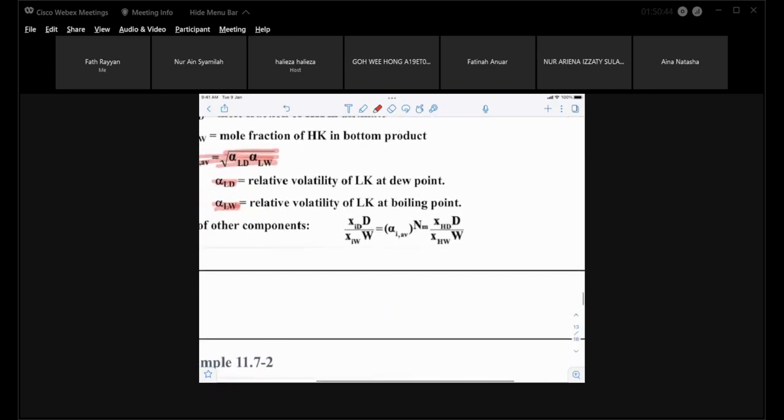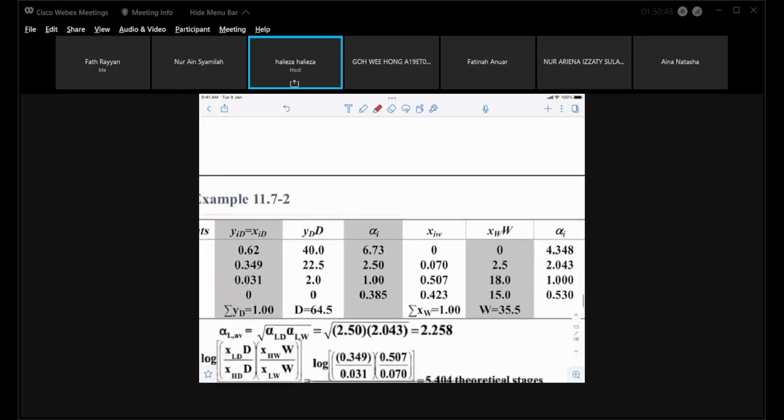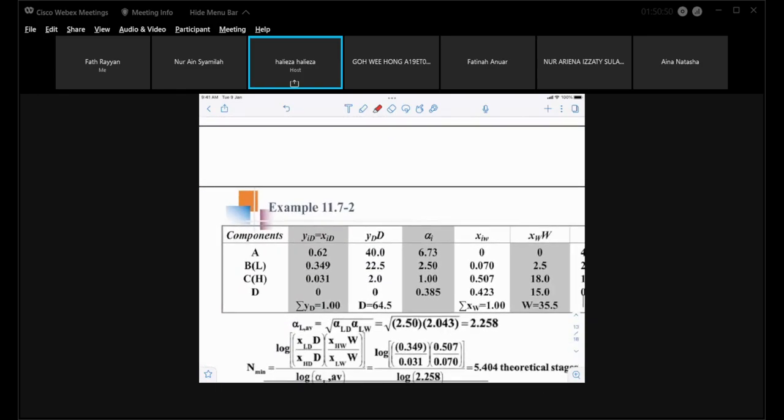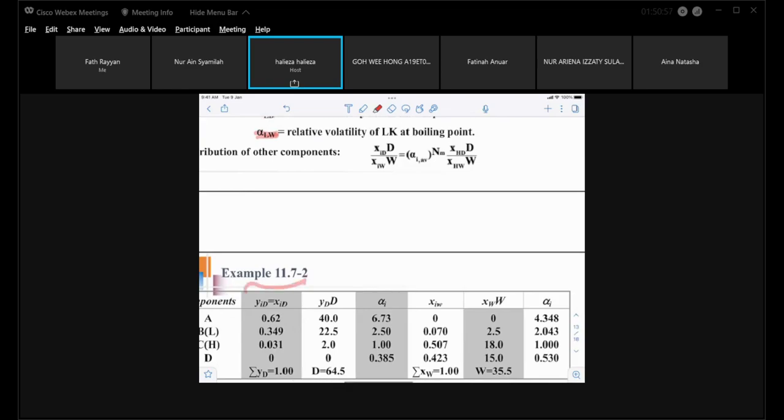Where is the relative volatility of your light key in the distillate? Okay, this is your distillate. And this is your bottom. Let me extend this.